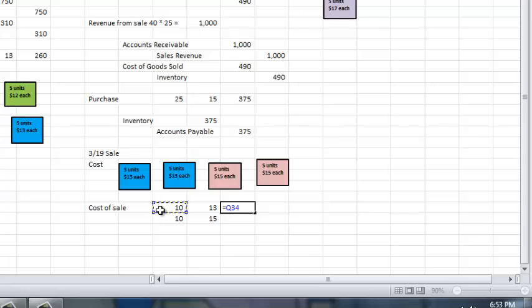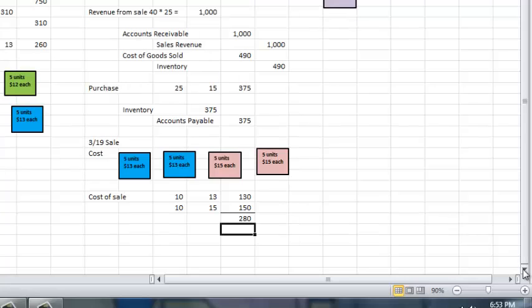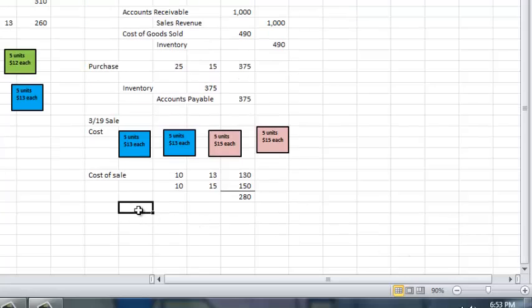So 10 times 13 gives us 130, 10 times 15 gives us 150. We add those two together and we get the total cost of the sale, $280.